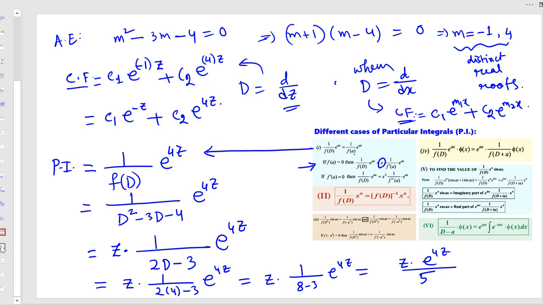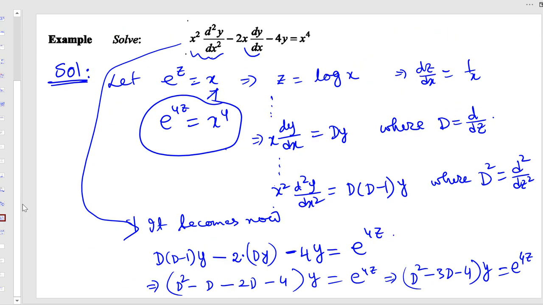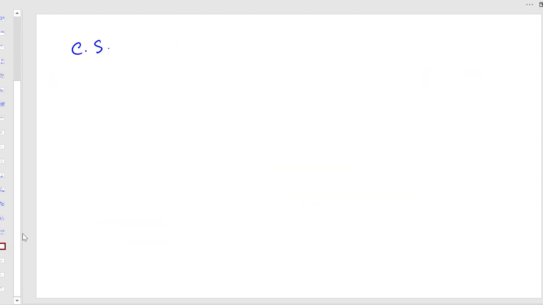Okay, right. Now the complete solution, because the problem was given in terms of x and y. Here the independent variable is x and the dependent variable is y. So the final answer should be in terms of x and y, not in terms of z. Z we have used to simplify it, so that the integration and other things become possible. So CF and PI.